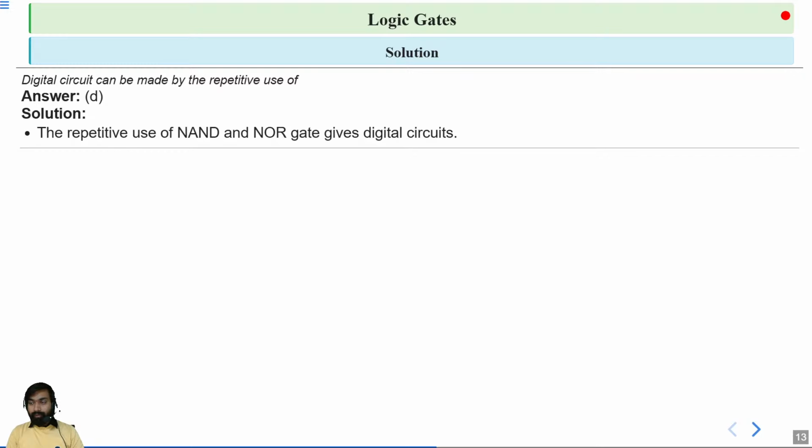So repetitive use of NAND and NOR gates allows the creation of various digital circuits. These gates are fundamental because they can be used to build all other logic gates. By combining multiple NAND or NOR gates, complex circuits like adders, flip-flops, and memory units can be designed. This makes NAND and NOR gates essential in digital electronics. They simplify circuit design and are widely used in integrated circuits.